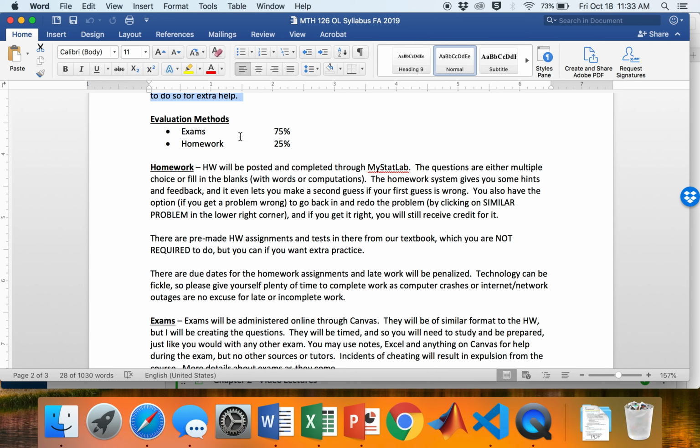The grade book in Canvas, once we start getting going with the semester and there's grades in there, you can always look there to see how you're doing. If you've taken a Canvas course before, you may know that Canvas projects what it thinks your grade is going to be. As I enter grades for you, as soon as I put in one homework grade, it's going to assume that that's your average for this whole 25%.